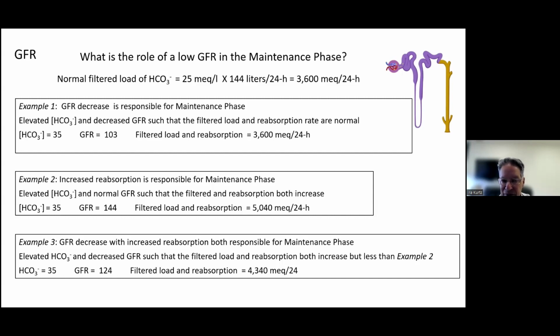The chloride sensitive metabolic alkaloses tend to be more GFR, whereas the chloride non-responsive or insensitive, like Gitelman syndrome, Bartter's syndrome, these kind of things are due to the tubule absorbing more, independent of what the GFR is, because the GFR is normal. They don't have CKD. They don't have pre-renal failure from volume depletion. So maintenance phase, now that you know, you have to think about it, break it up into whether the GFR is doing it or the tubule is absorbing more.